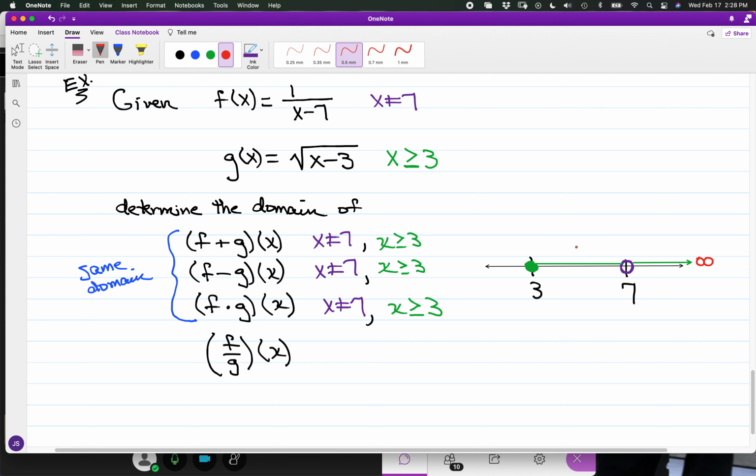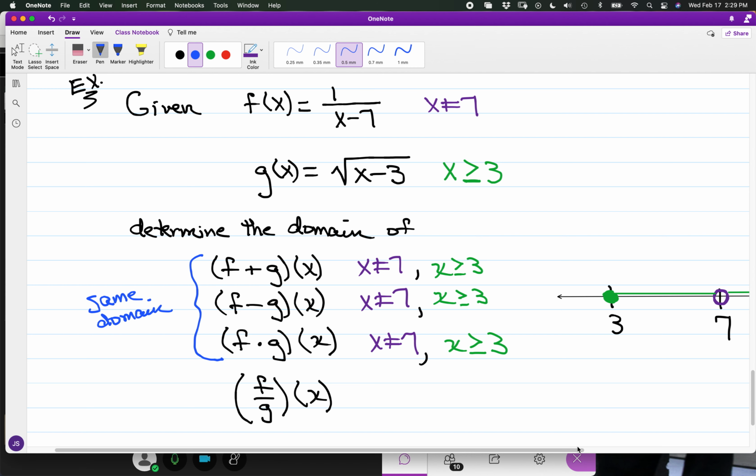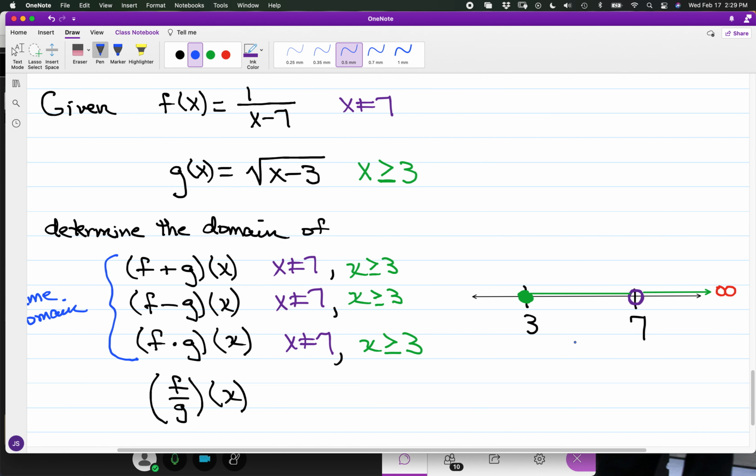So what's going to happen here is that for this same domain that we have for the sum, difference, and product functions, this will be broken up into 2 sections here.